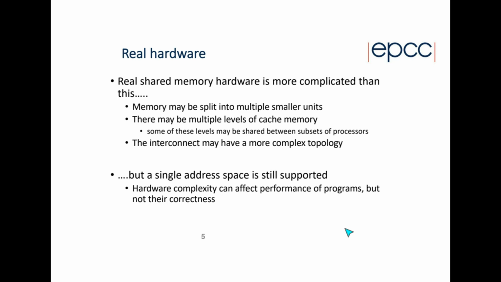And the interconnect might have a more complicated topology. But nevertheless, if it's a shared memory system, then a single address space is still supported. And all this hardware complexity is certainly able to affect the performance of programs, but not their correctness.